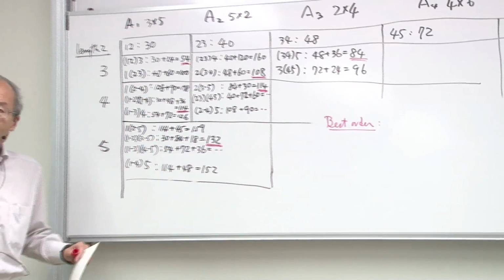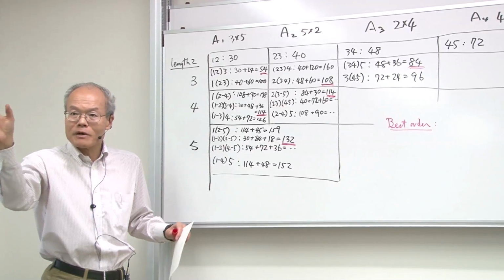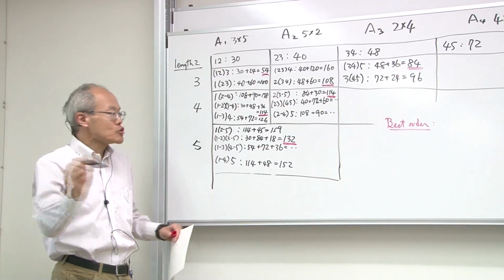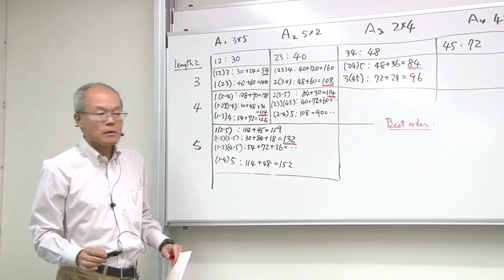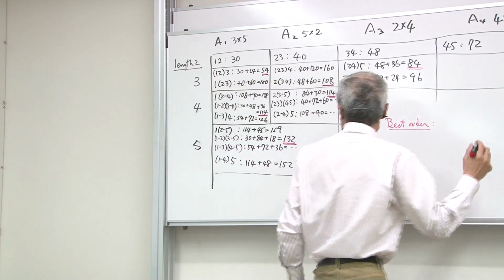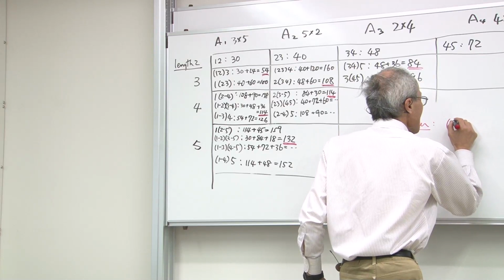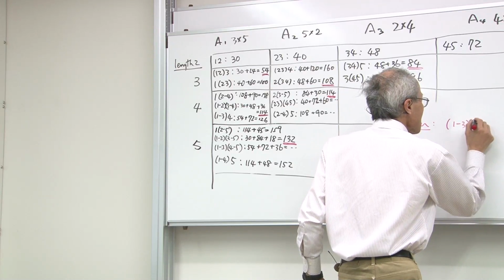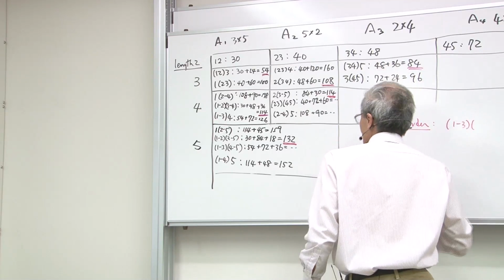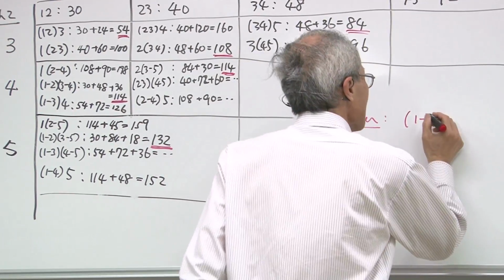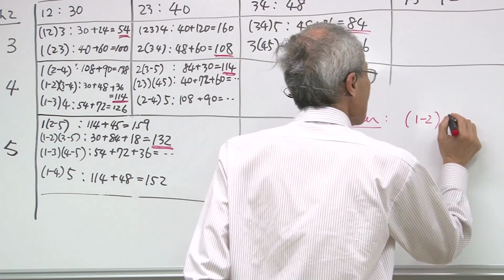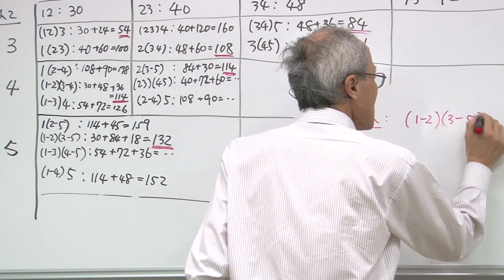That means the final multiplication should be this guy and this guy. Okay? The final multiplication should be 1, 2, and 3, 5.